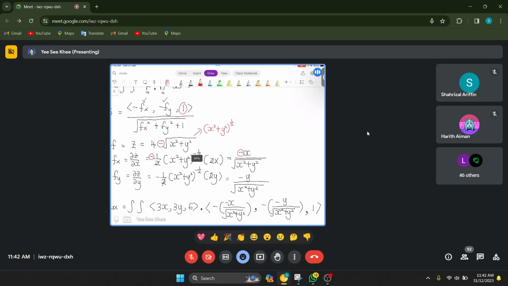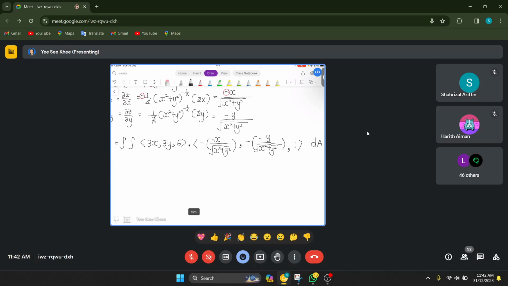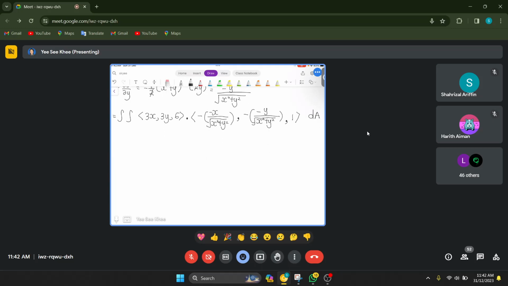Okay, so I don't want to write down this part, because it will be cancelled out with the dS term, right? So I straight away write it as the dA. I cancel it straight away.